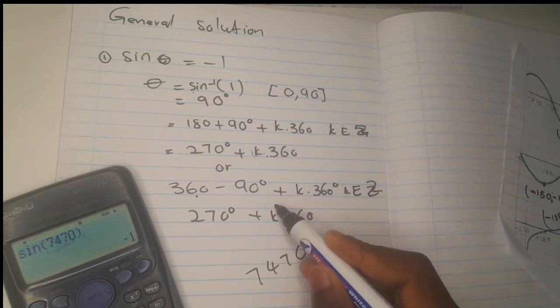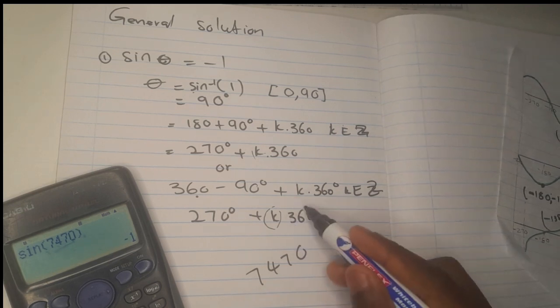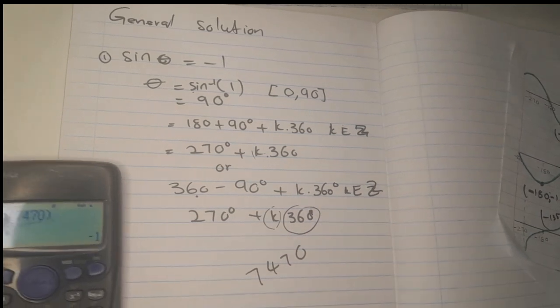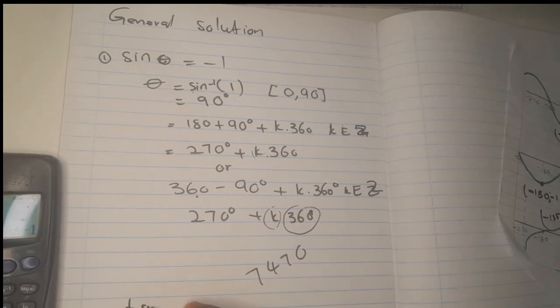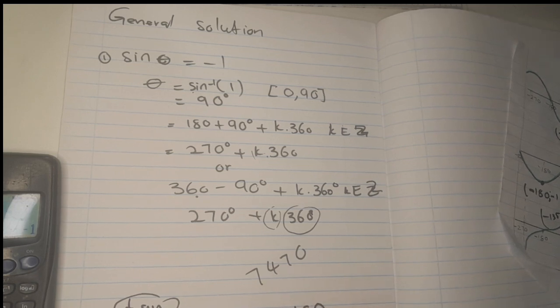So this one just tells us which quadrant we are using, and this one is my period. In the case of tan, I'm going to say plus k times 180. Why 180? 180 is the period of the graph. And in my course, I'm going to use this one since my period is 360.